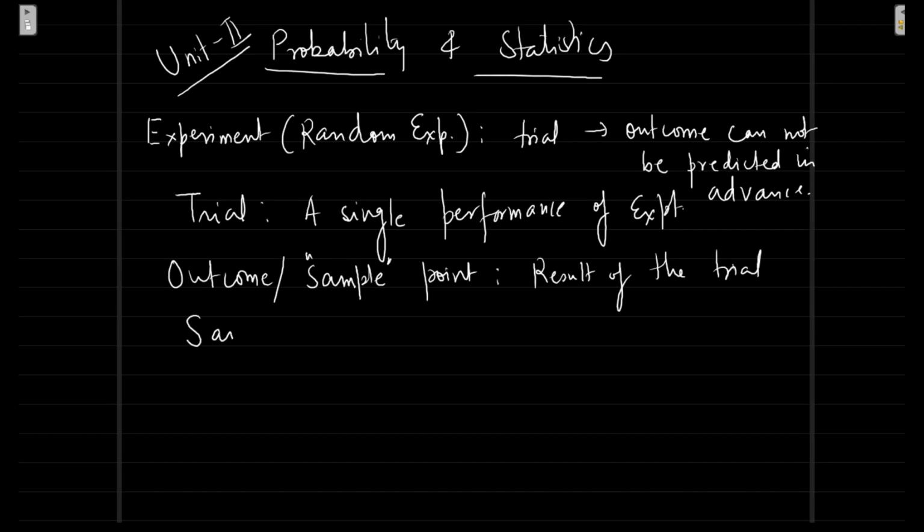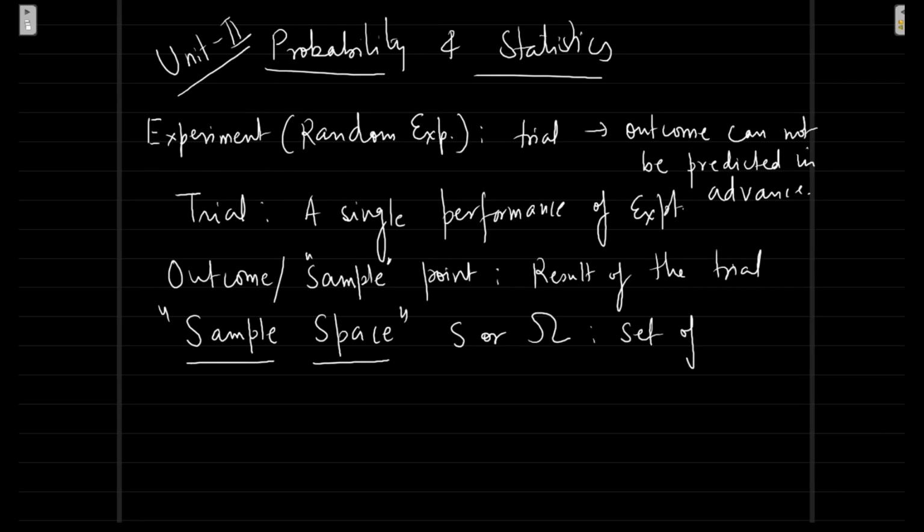Why? Because in set theory comes an important concept called sample space. Now tell me, what is sample space? The set of all possible outcomes in a given experiment.